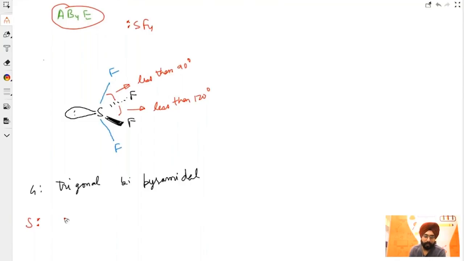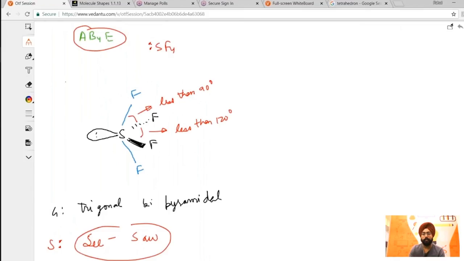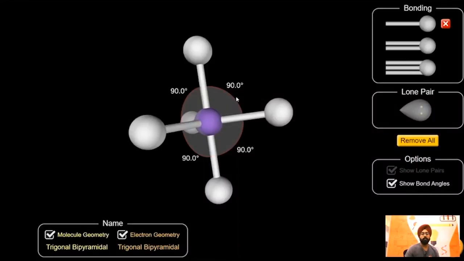Do you know what the shape actually is? I don't know who thought of it, but the shape is called a seesaw shape. Let's see the animation. Remove this and insert a lone pair here. Somebody thought that this looks like a seesaw.